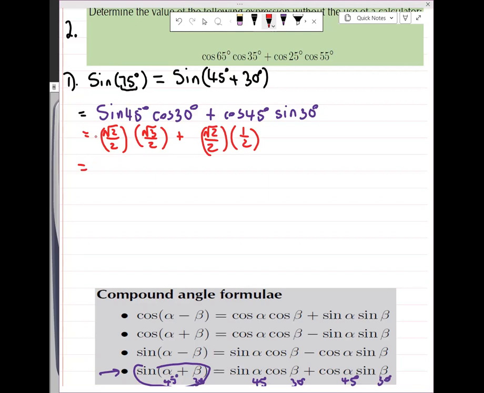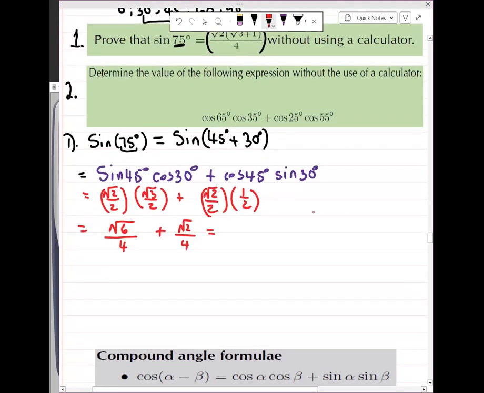If you press this on a calculator, this part must give you root 6 over 4, because root 3 and root 2 multiplied give root 6, and 2 times 2 at the bottom gives 4. And then there you must have root 2 over 4.